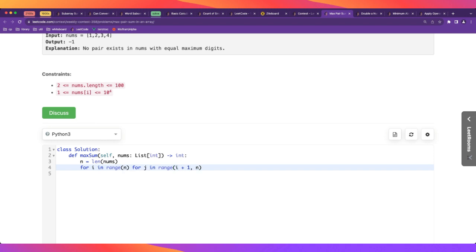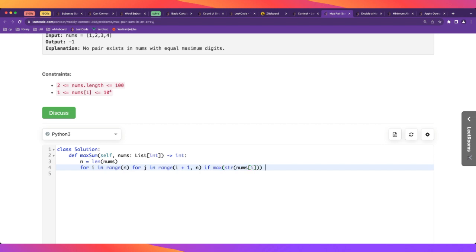So this is two nested loops, and we start the inner loop from the next element of the outer loop variable. There is a condition, which is that the maximum digit of each number has to be the same for the pair to count. And there's a very easy way in Python. We can convert it to a string, and then we just get the max.